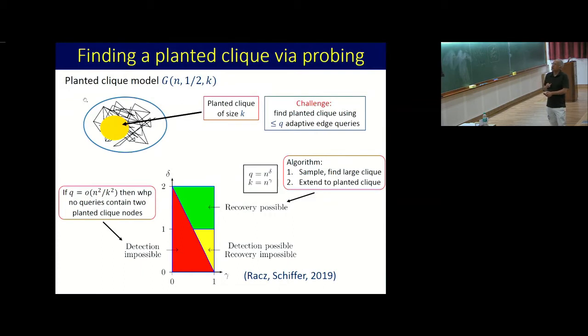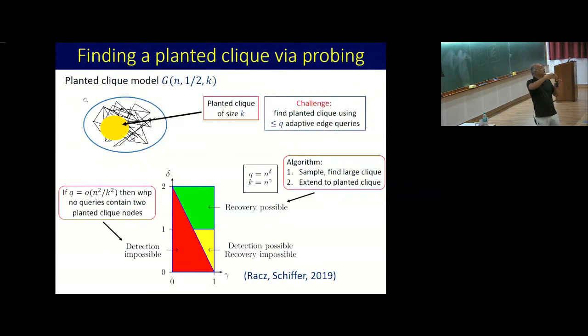If you do fewer than this, no hope. If you do n square over k square times log square n, then yes, we can find, or at least detect. So they have 3 results. Basically, recovery possible, detection possible but recovery impossible, and detection impossible. For any k, if you do n square over k square or fewer than that, you cannot find.